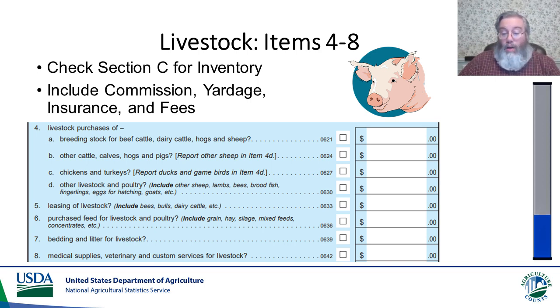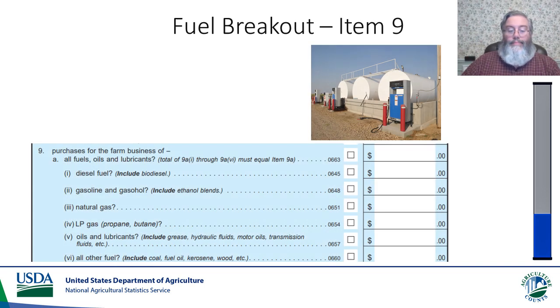Other expenses may also apply. When recording livestock purchases in item 4, be sure to include the price of the animals plus commission, yardage, insurance, and fees. In question 9, we are asking the operator to break down all fuel purchases by different fuel types.